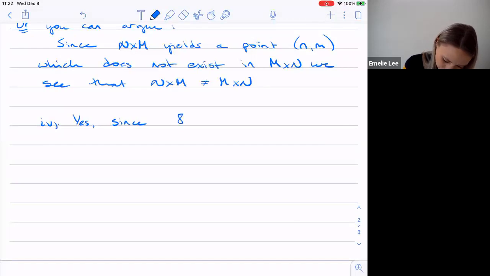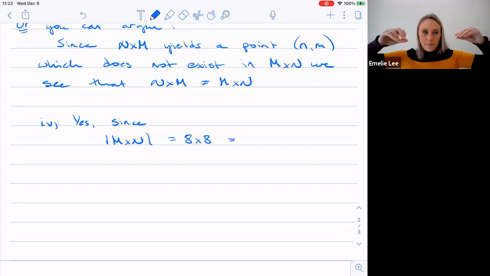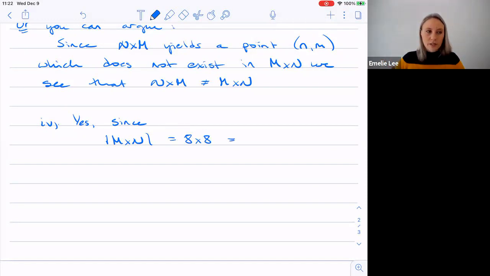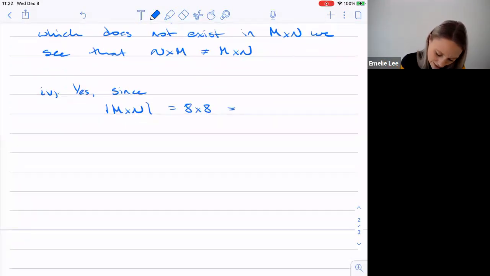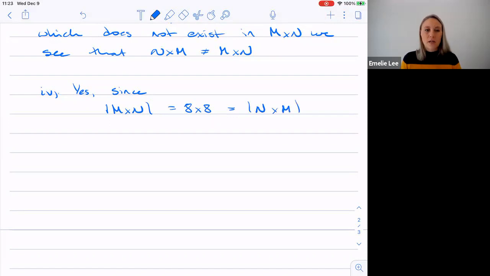Since the cardinality of M by N is 8 by 8, and I'm going to do this like a joint statement. So here, M by N is equal to 8 by 8, which is also equal to N by M, the cardinality.